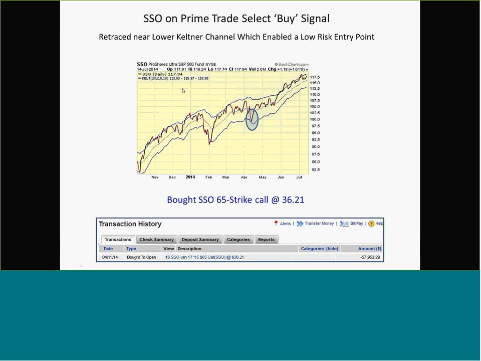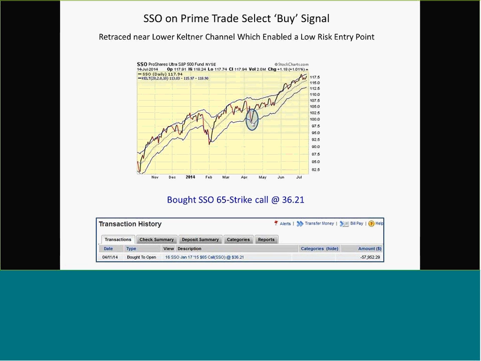So this first slide here is the daily price movement of the Ultra S&P 500 Index. And as we learned in the previous webinar, we want to wait till the ETF, in this case, retraces before we establish our call option position.